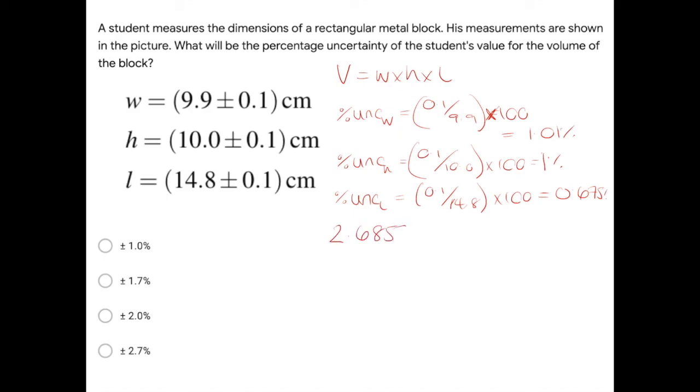And then when you sum the three of those together, you get 2.6857%. And when we look at the values that we've got there, the closest one to those is that bottom one, D, plus or minus 2.7%.